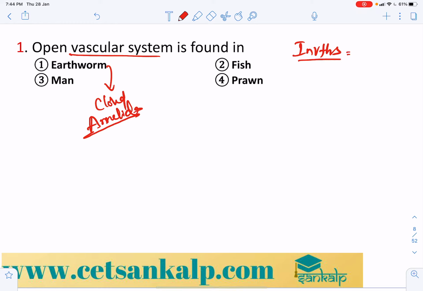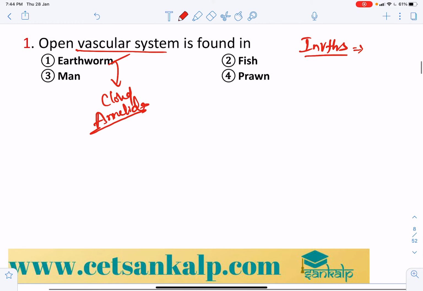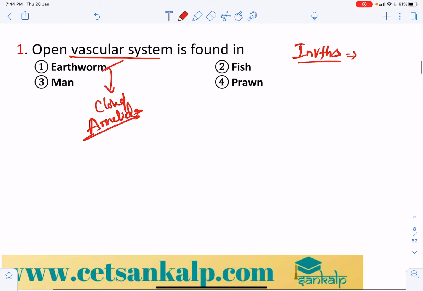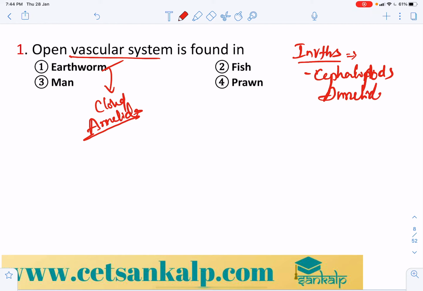In invertebrates, not all have an open system; the exceptions are annelida and, among mollusks, the cephalopods, which show a closed circulatory system.